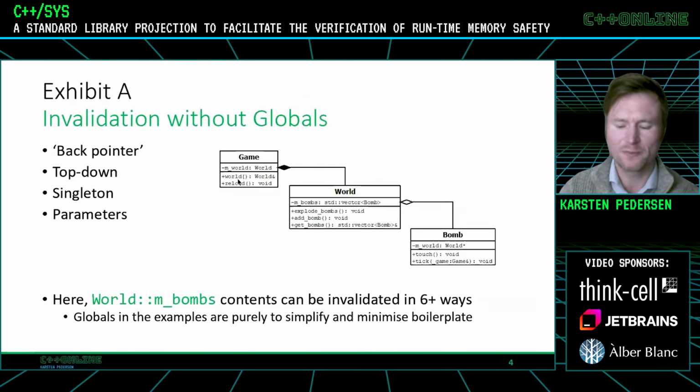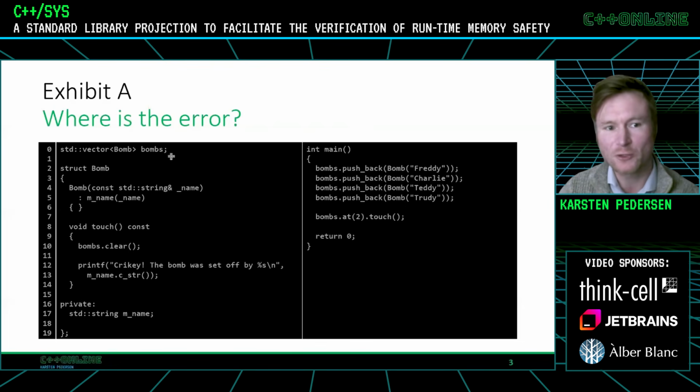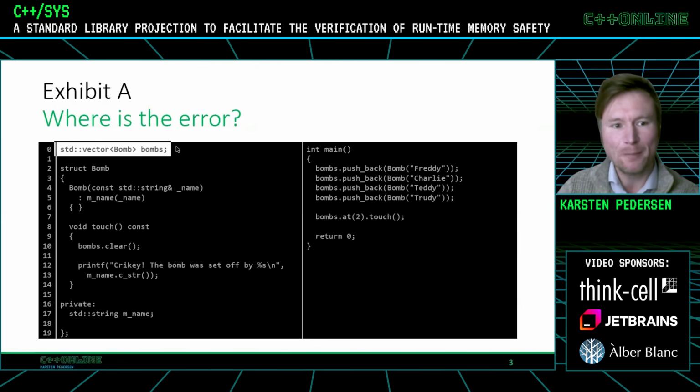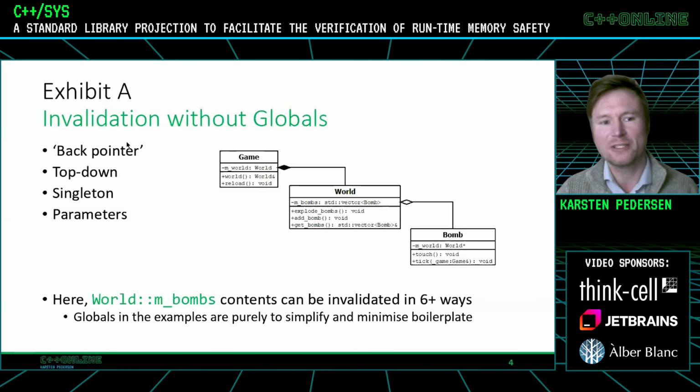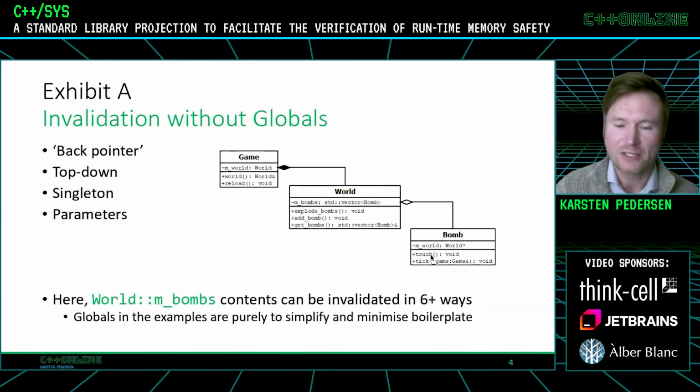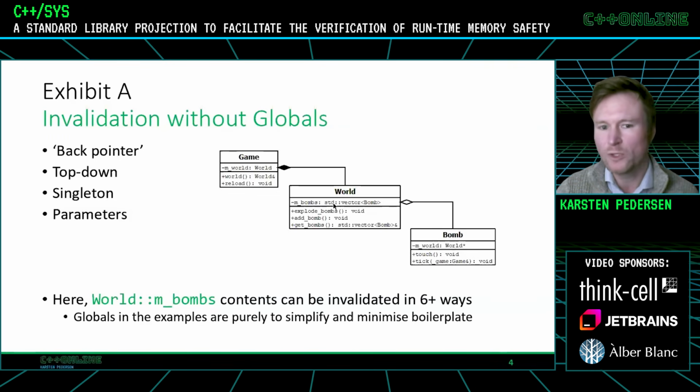So first of all, the answer could have been, oh yeah, just don't use a global, which is fair. But you can easily invalidate without globals, and the same issue happens. For example, imagine this touch function, and let's say the bombs vector wasn't global. We generally have a back pointer to the world, which would then contain the bombs.